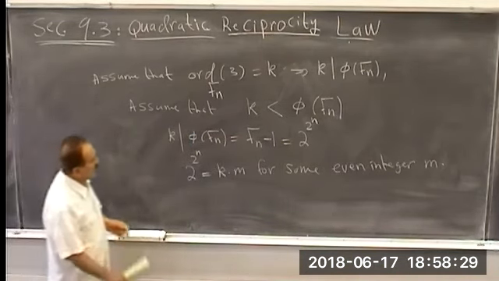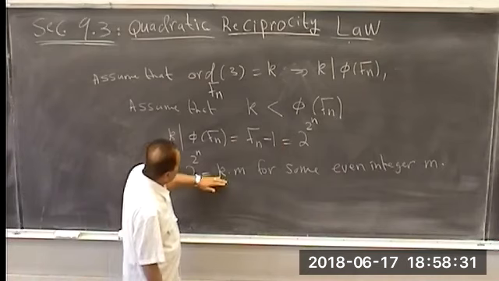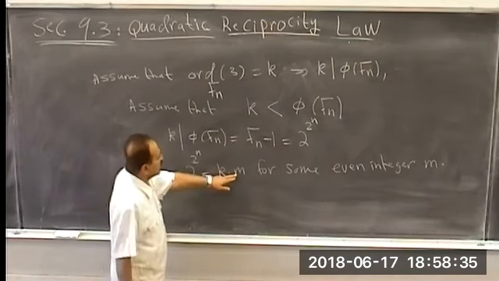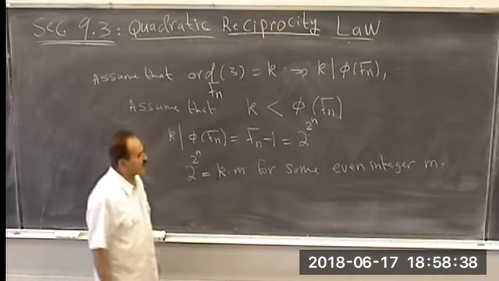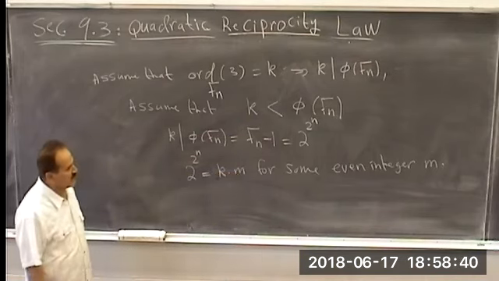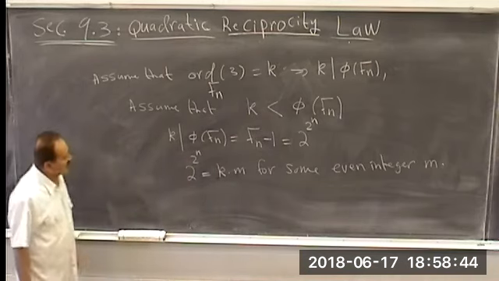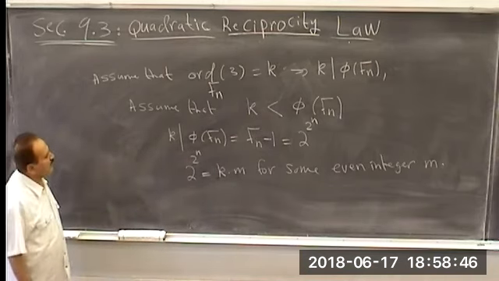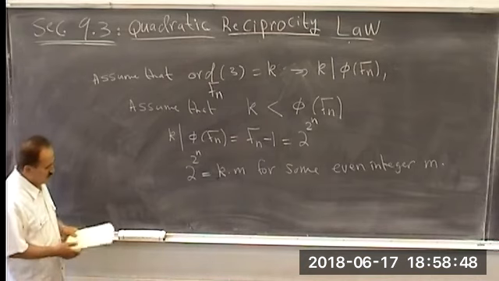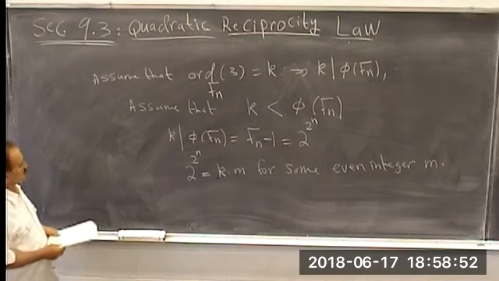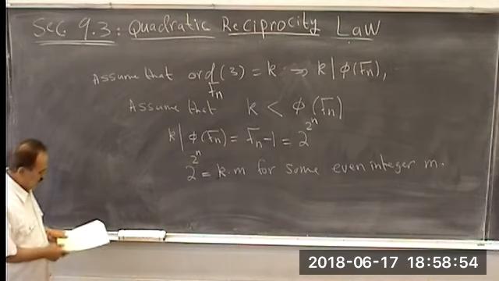Because remember that k is actually smaller than phi of Fn, so m must be bigger than 1, so it must be an even number, because the left-hand side is a power of 2, so the prime factorization is powers of 2.